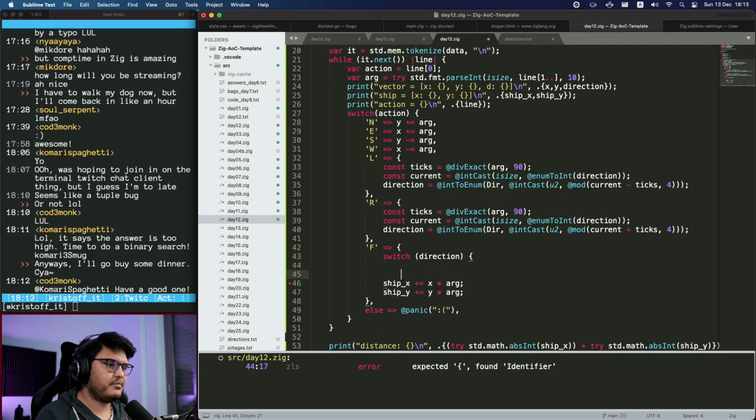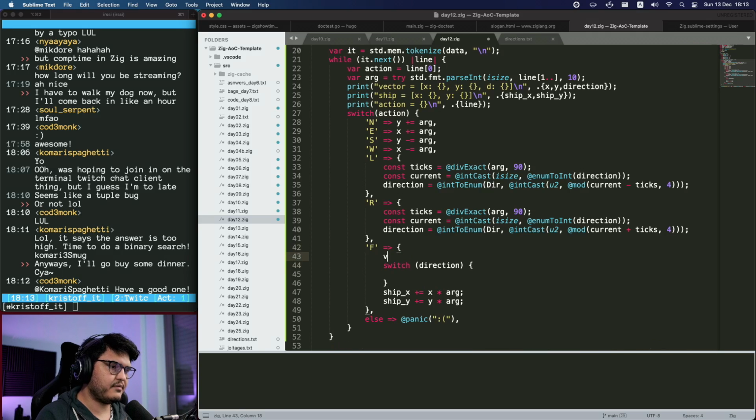So let's switch direction. Direction means that var norm x equals x, norm y equals y.